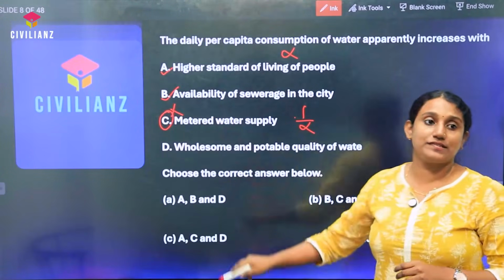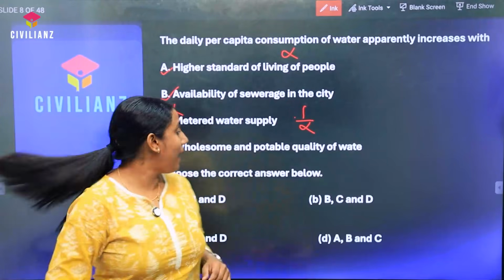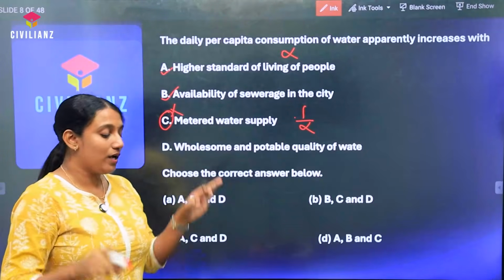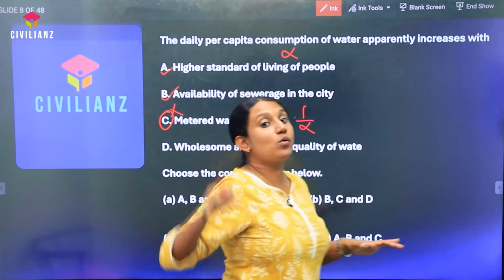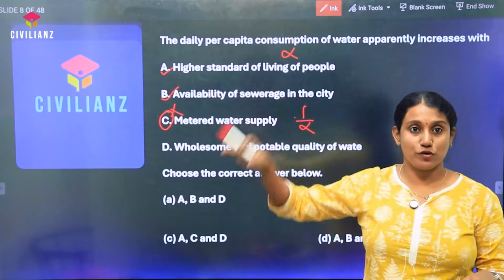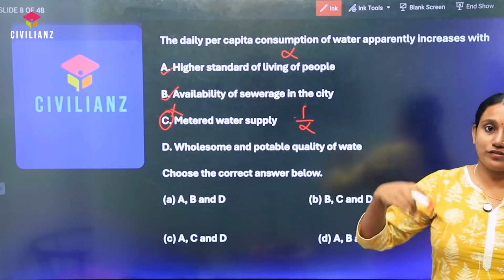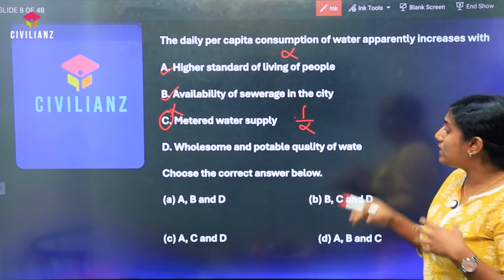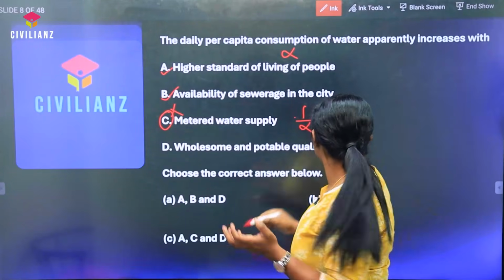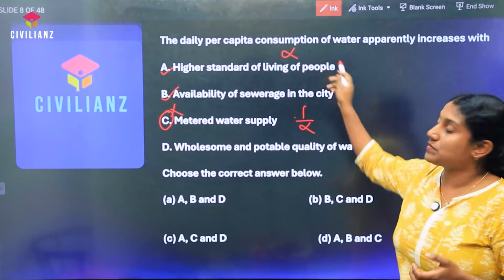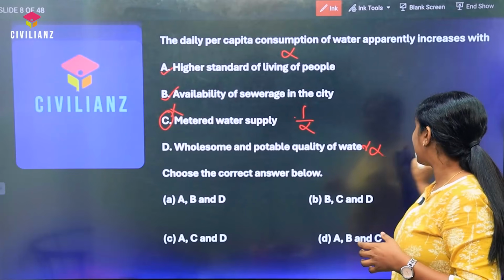So next, the wholesome and potable quality of water. In every case the quality is directly proportional to the consumption of water. As the quality of water increases, consumption also increases. So these are also directly proportional.